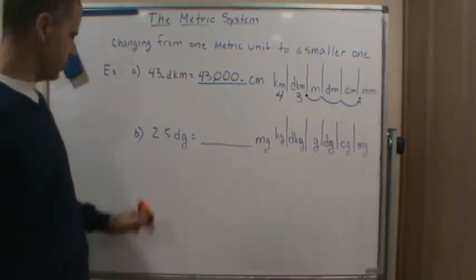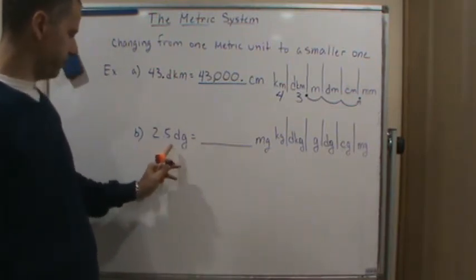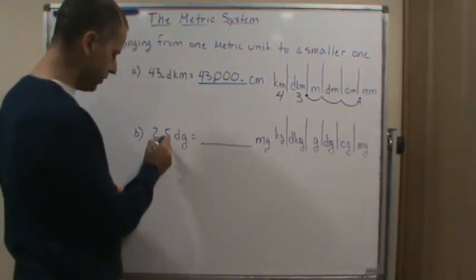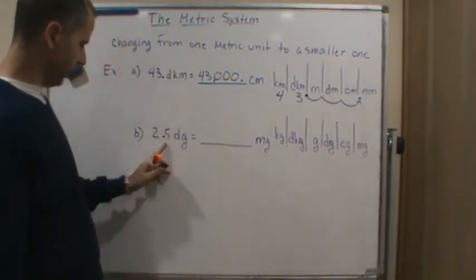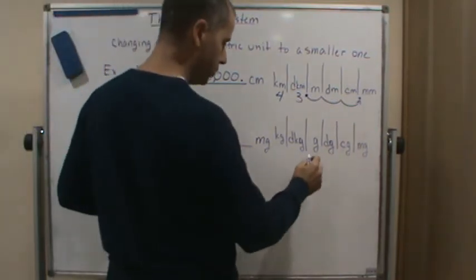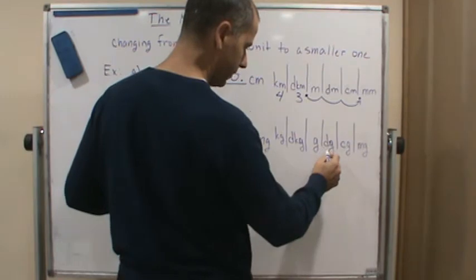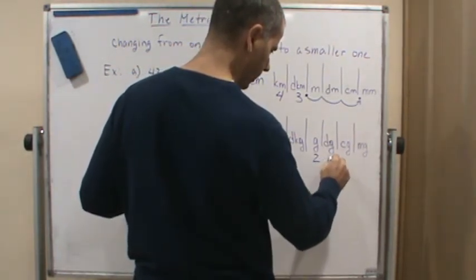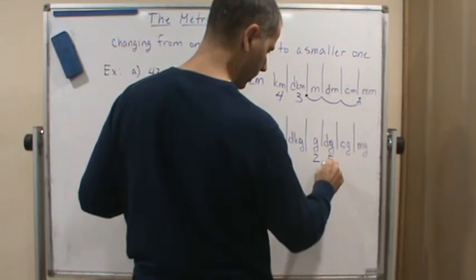Okay. Now let's look at this one. This is 2.5 decigrams. Again, pay attention to the decimal place.